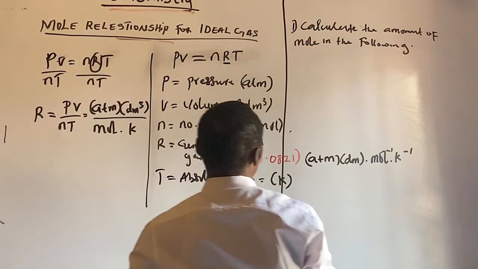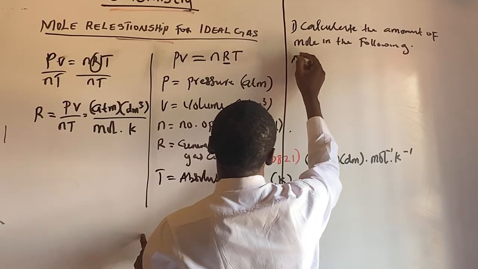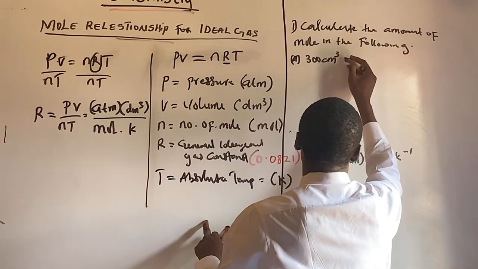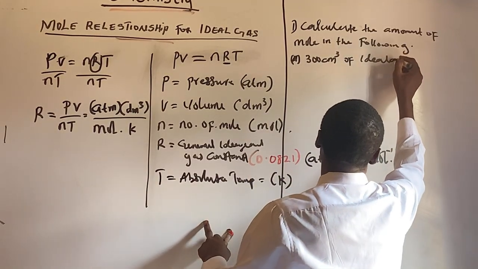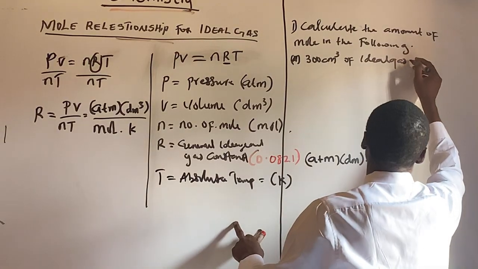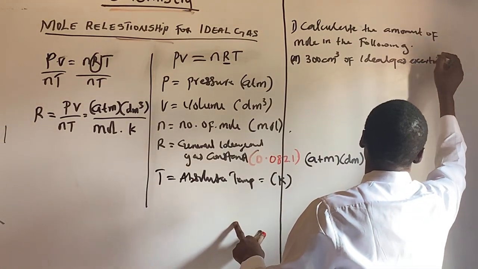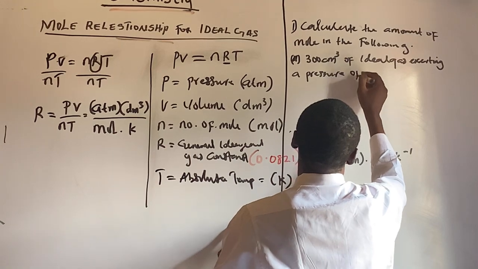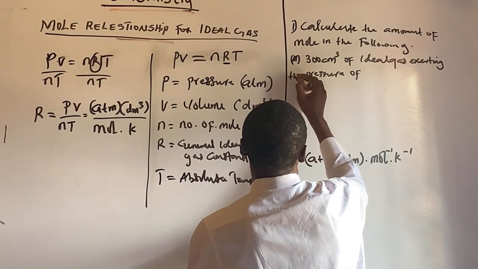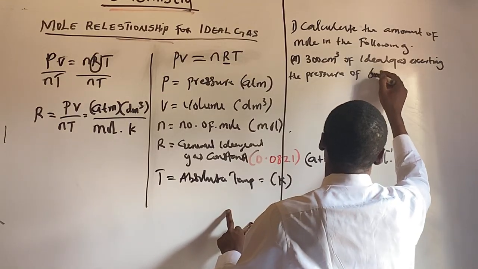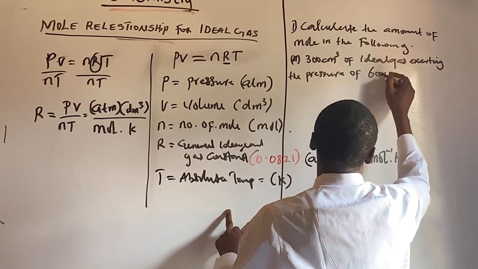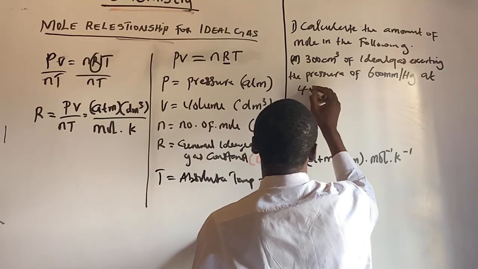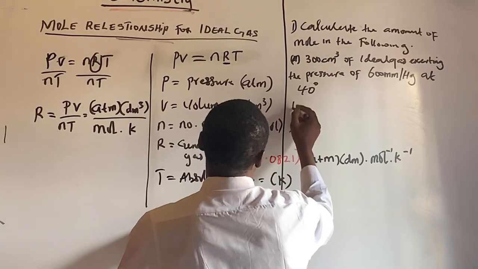Question number 1, or question A: 300 cm³ of ideal gas exerting the pressure of 600 millimeter mercury at 40 degrees.